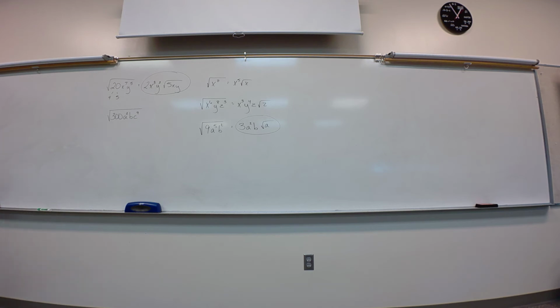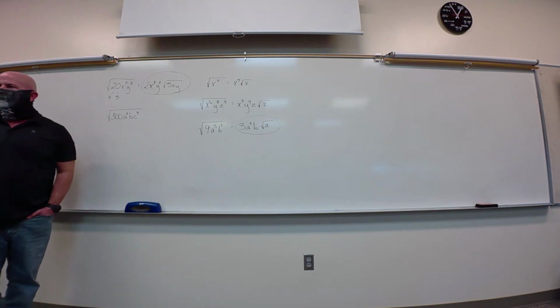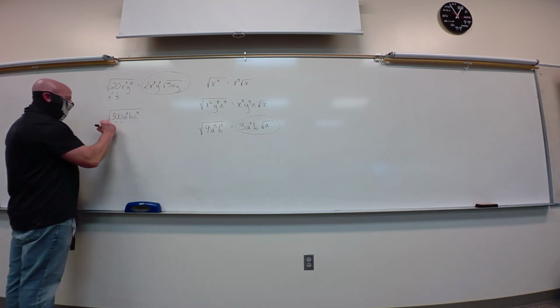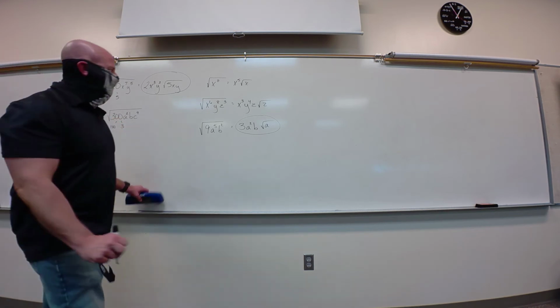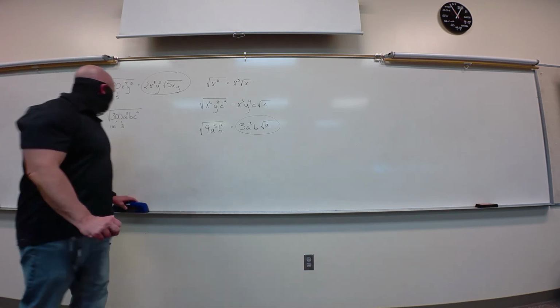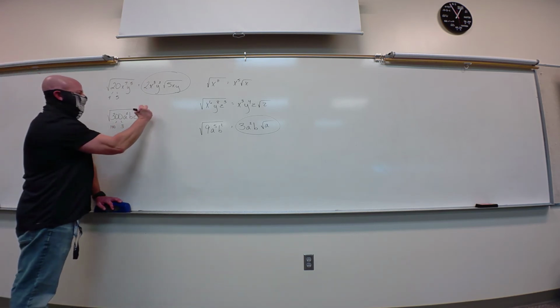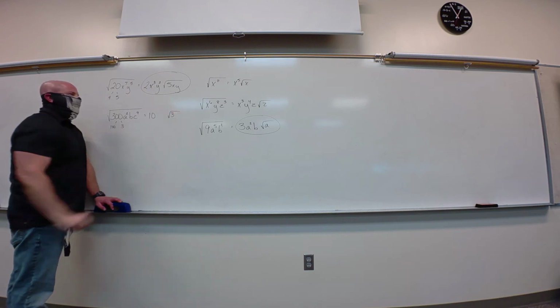Number, then a, then b, then c. 300. I'm looking for the largest perfect square that will go into 300. Not just any number, the largest perfect square. Well, that would be 100 because it's 100 times 3. Square root of 100 is 10. 3 inside.